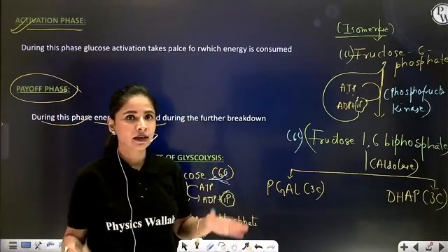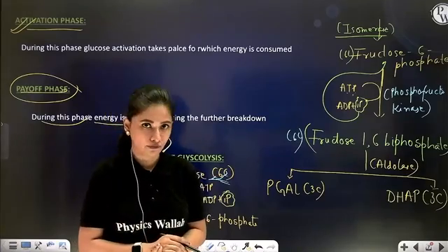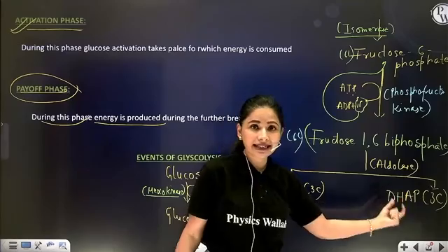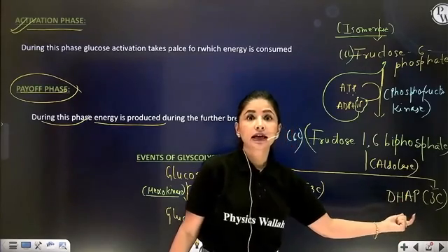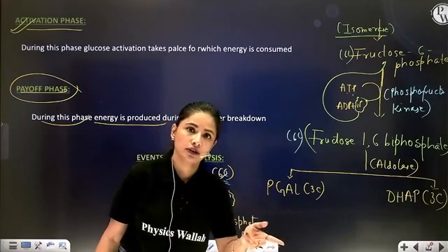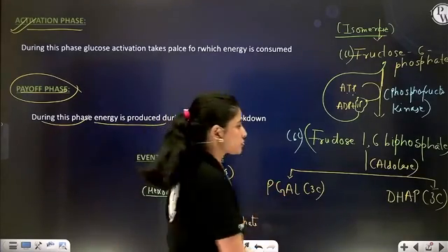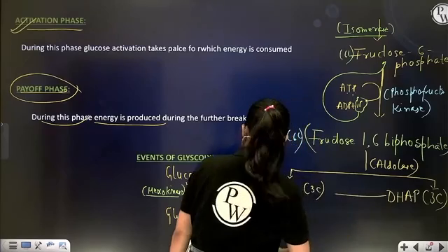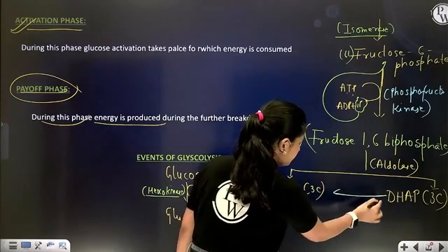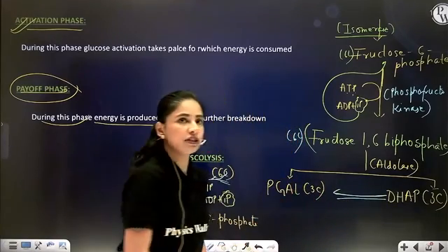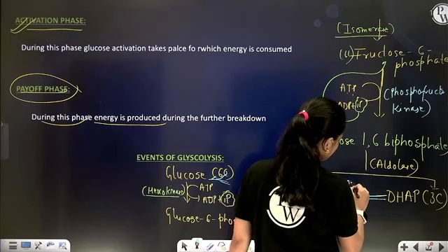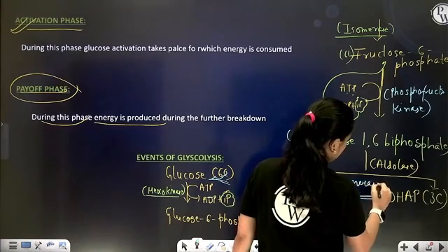Activation phase is done. Now let's proceed with the payoff phase. Before the payoff phase starts, this DHAP converts. DHAP and PGAL are isomers of each other. So here also isomerization will take place, and this DHAP will convert itself into PGAL, again with the help of the enzyme isomerase.